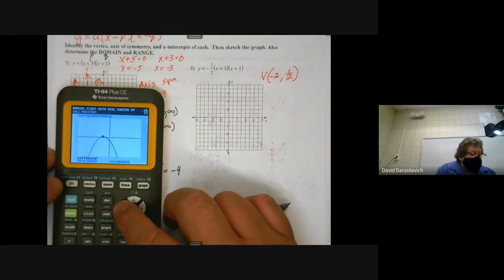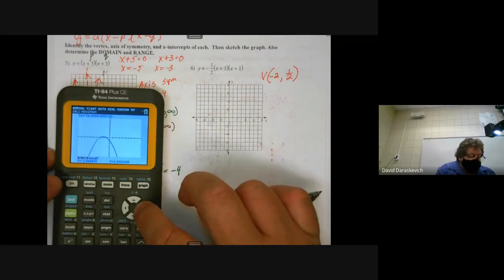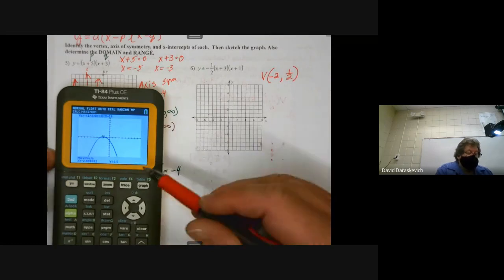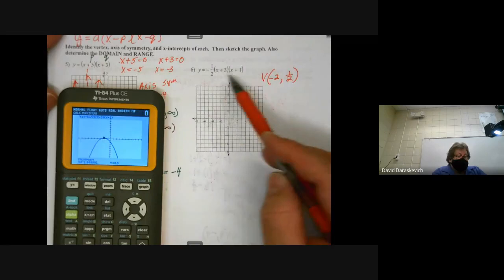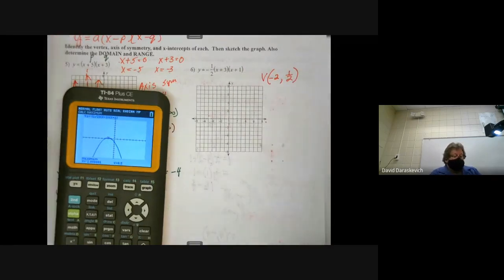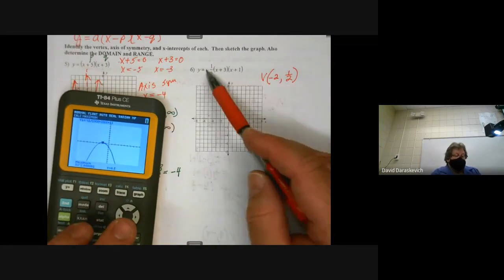Enter. And it's telling me the same thing. The vertex is -2.5. So something's going on, that our vertex is just not the opposite of these. So we're going to have to be careful when we have a fractional a.